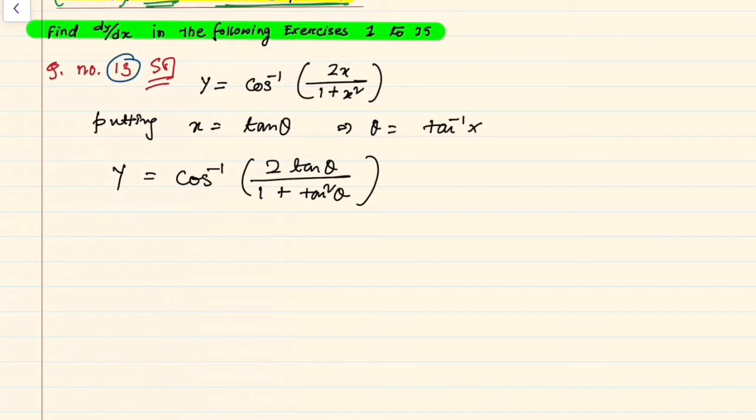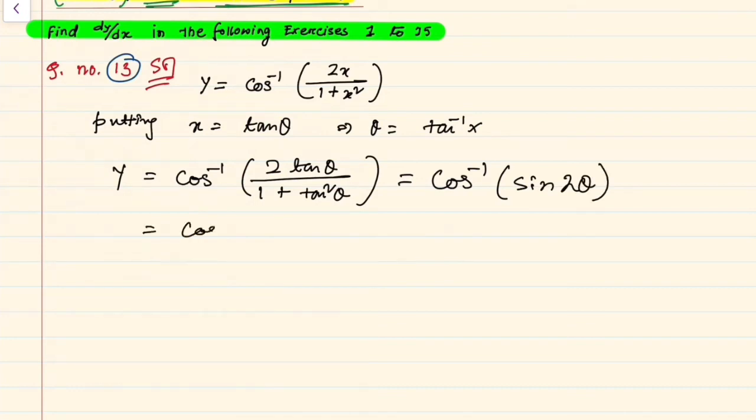So here you see this is equal to sine 2 theta. Okay, now sine can be converted to cos by pi by 2 minus 2 theta. So it's going to be equal to cos inverse of sine twice theta.